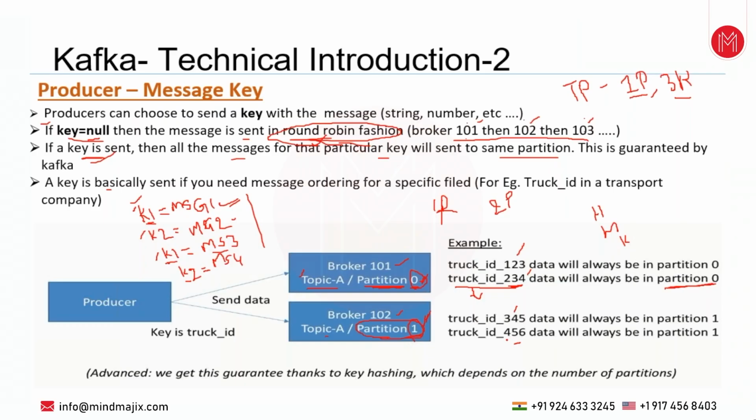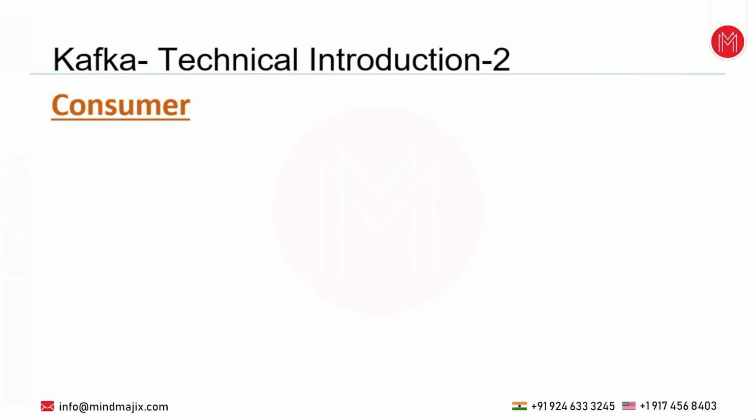Similarly, if you want to know the location of truck 456 and truck 456 is your message key, then all the data published with this key will go to the same partition, which is partition 1 in this case. It will never go to another partition in Kafka. That's all with the producer.